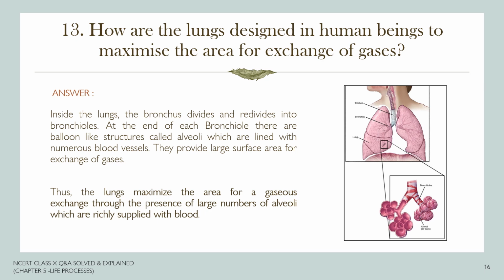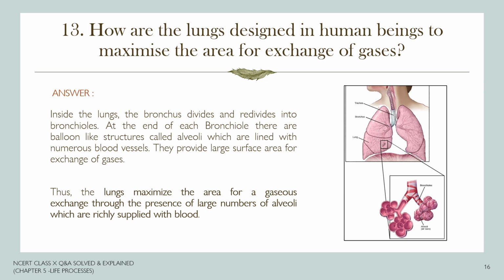How are lungs designed in human beings to maximize the area of exchange of gases? In the lungs, the bronchus divides and redivides into bronchioles, at the end of which there are balloon-like structures called alveoli. Alveoli have very thin walls and are lined by numerous blood vessels.